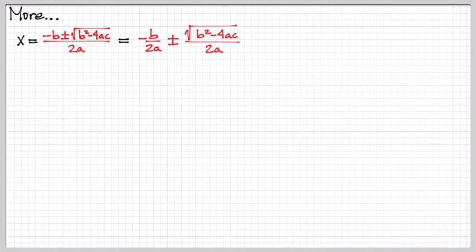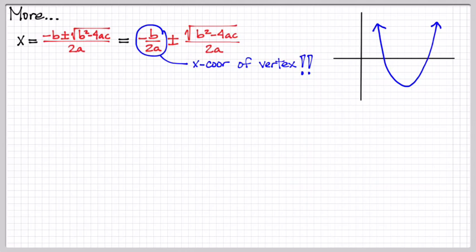Okay, what else can we see from this equation? If I rewrite it like this, this should look a little familiar to us. When we were graphing previously, we found that this was actually the x-coordinate of the vertex. So let's look at what that looks like graphically.